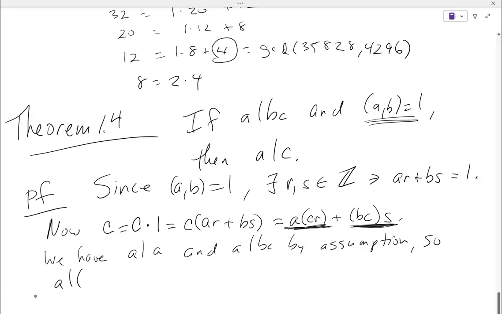So A divides what? If a number divides two pieces, it divides the sum, the linear combination again, right? So A divides ACR plus BCS, but another name for ACR plus BCS is C. That okay?